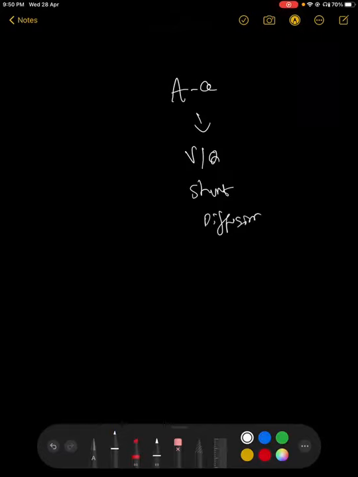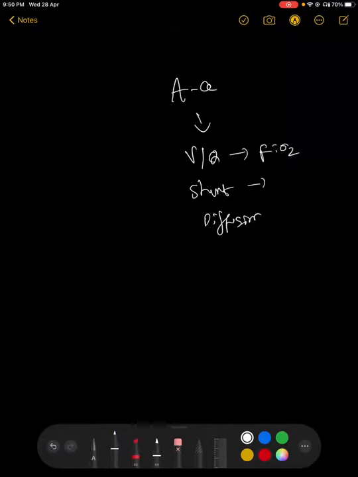As I told, one thing in type 1 respiratory failure I forgot to tell: in people with elevated A-a gradient, I told you it could be because of VQ mismatch, shunt, or diffusion defect. How do you differentiate between VQ mismatch and shunt?